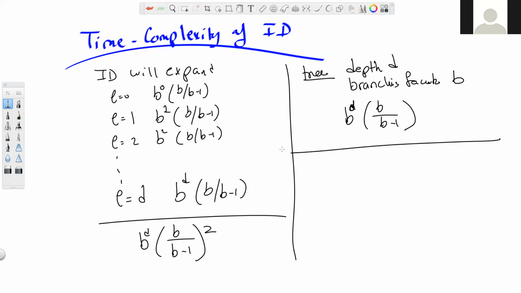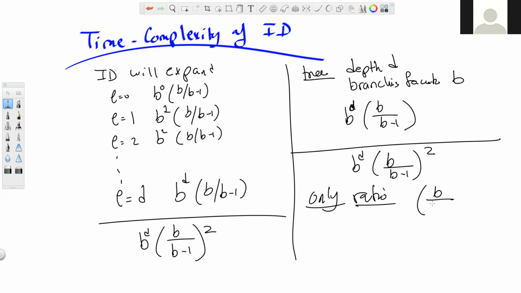What happened here? With all of these repetitions, the only thing that happened is that I'm now having b to the d with b over b minus 1 squared. So the only difference or ratio or redundancy that I'm having is a factor of b over b minus 1.